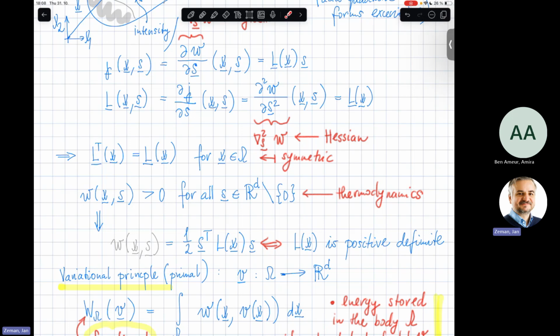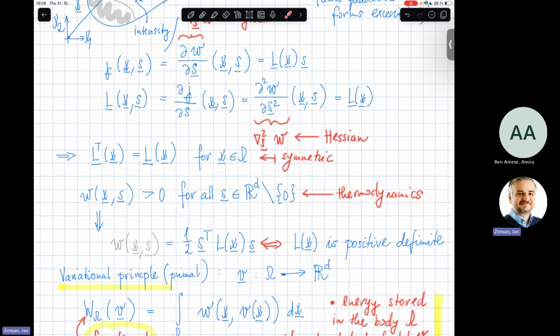And the second condition was that if I have a look at any point within my body, and I would like to store a certain amount of energy by setting this s to be non-zero, and again, this s has a meaning of temperature gradient, for instance, I need to always get a positive number, with the only exception when there is no temperature gradient, where this is zero no matter what is done.